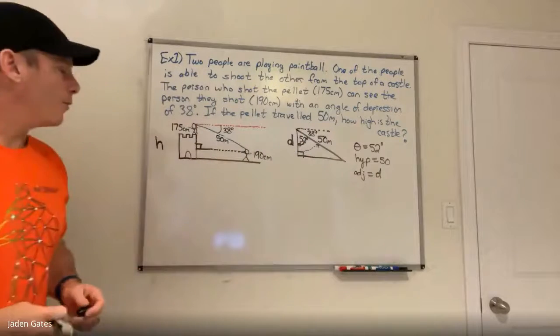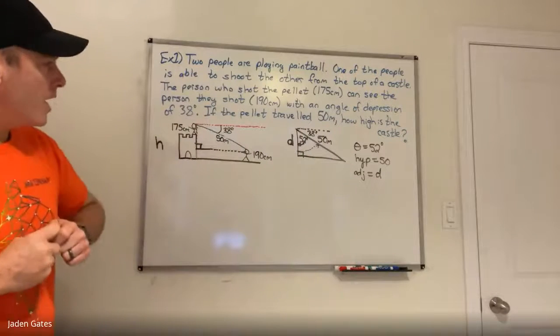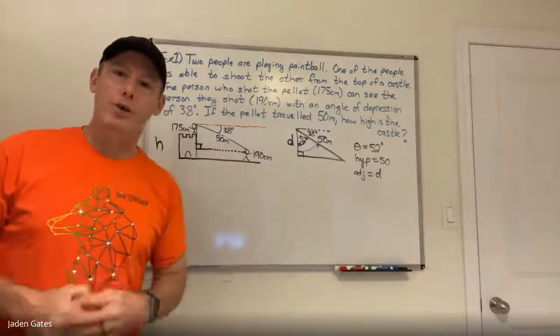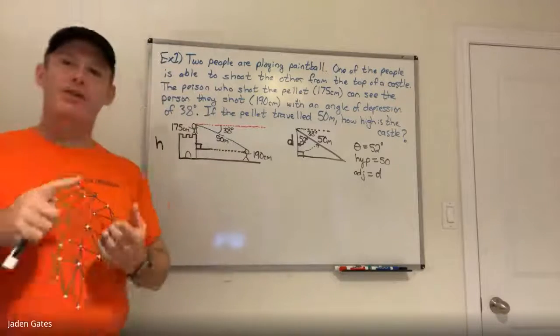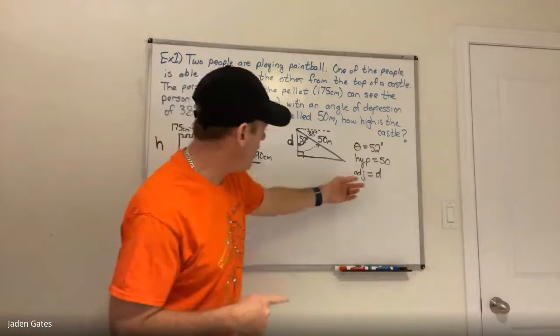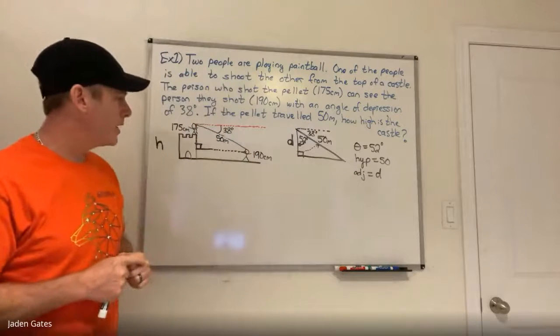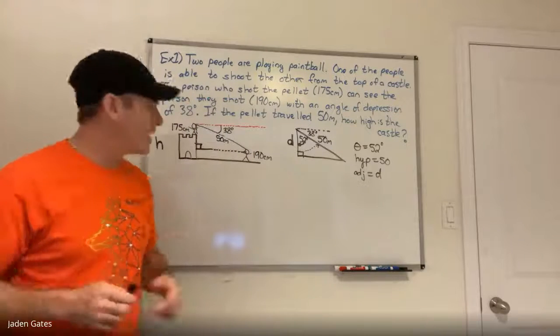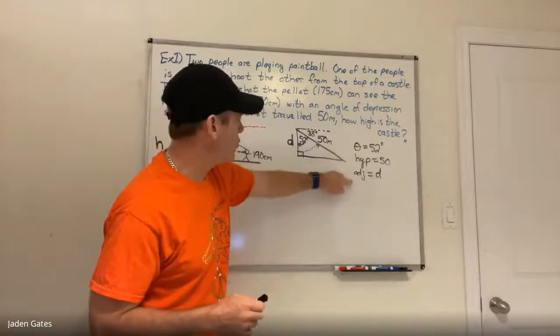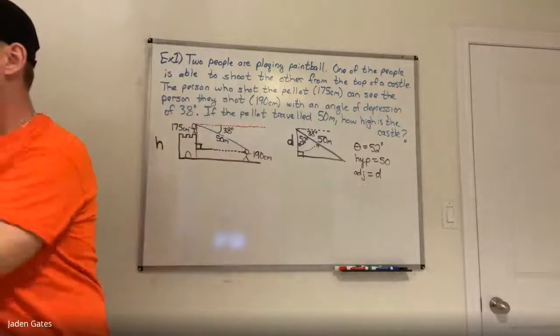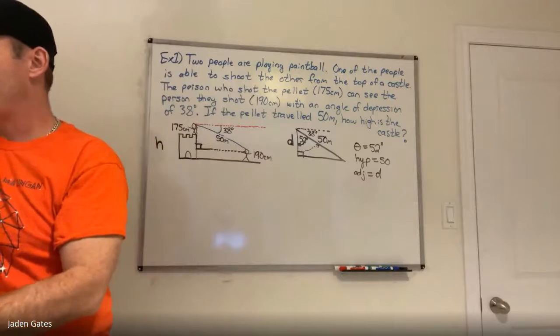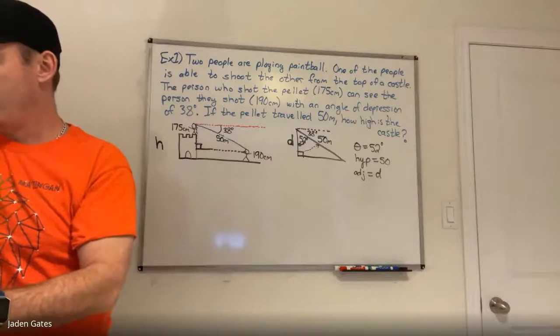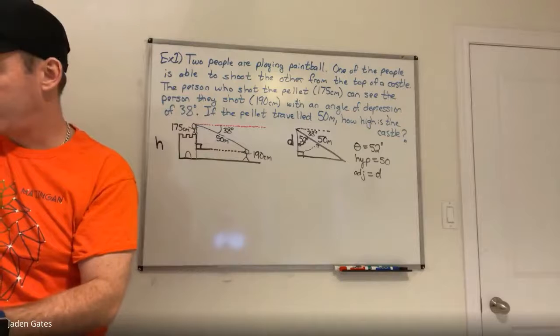Now I have to figure out which trig ratio I have to use. Again, sine on highway, I don't have the opposite, so that's not happening. Cosine at home. I do have the adjacent and the hypotenuse, so that means I'm going to use the cosine ratio.